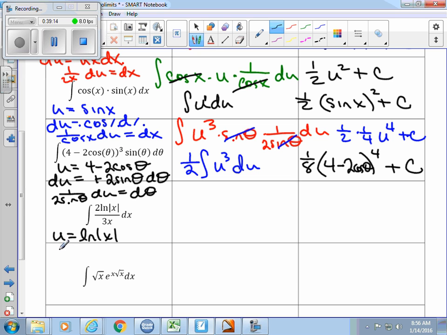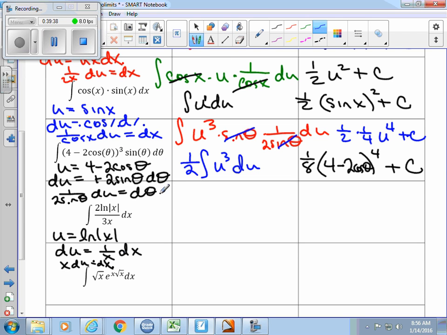Why is natural log of x a good choice? Because the derivative of natural log of x is 1 over x. Does 1 over x show back up? You see the 1 over x there? It's not written as 1 over x, but it's there. So it's a good choice. x du equals dx.